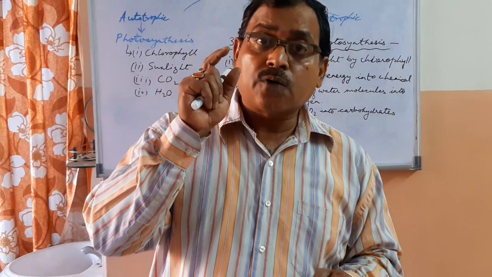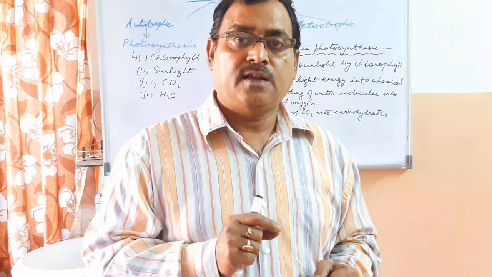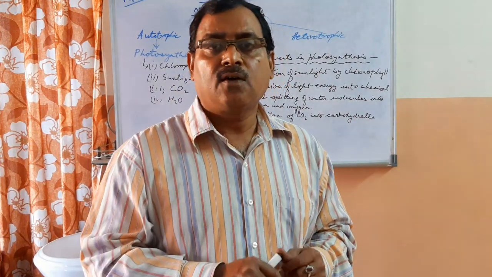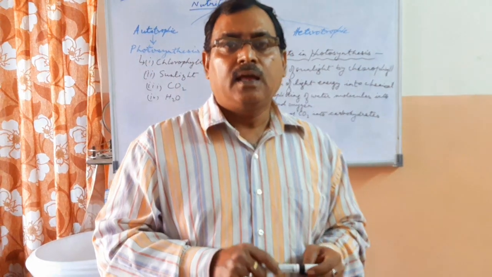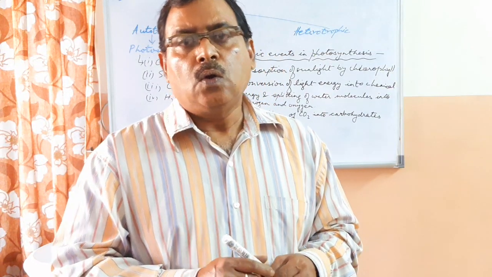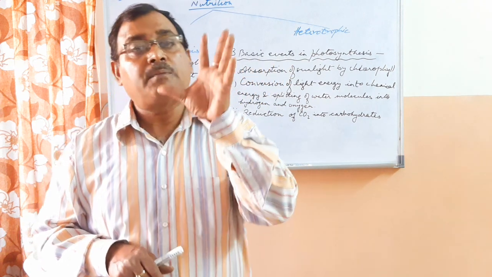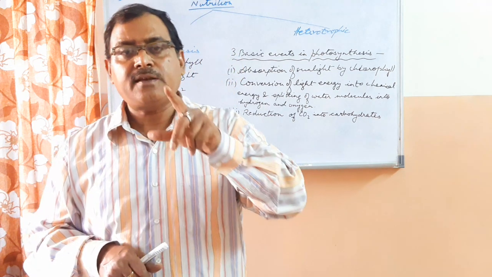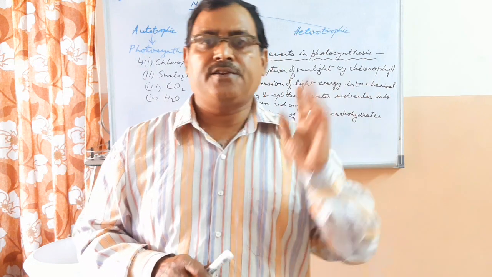Chlorophyll is the green colored pigment found in chloroplast, which is present in the cells of all plants. Now, the main function of chlorophyll is to absorb sunlight and then to convert that solar energy into chemical energy.